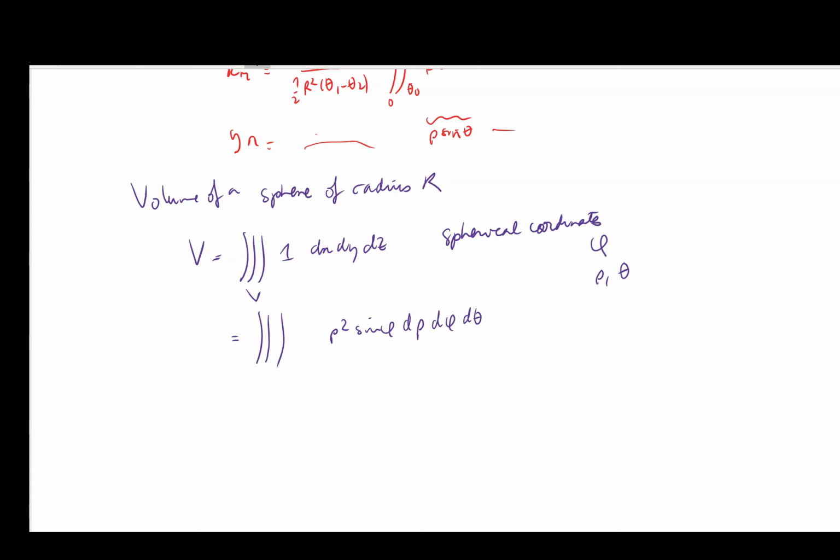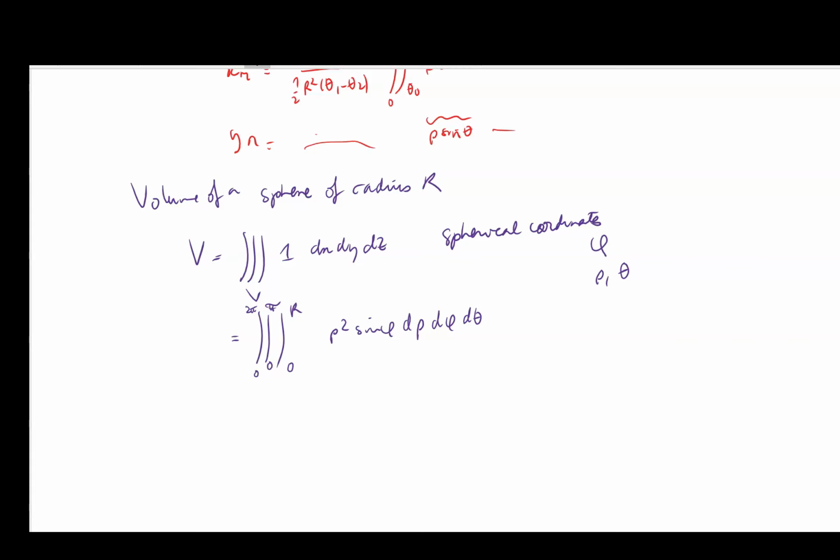So rho is going to go from 0 to r, phi should go from 0 to pi, and theta goes from 0 to 2 pi. You remember, you need only one of the angles to do half of the trigonometric circle in order to describe everything we need.